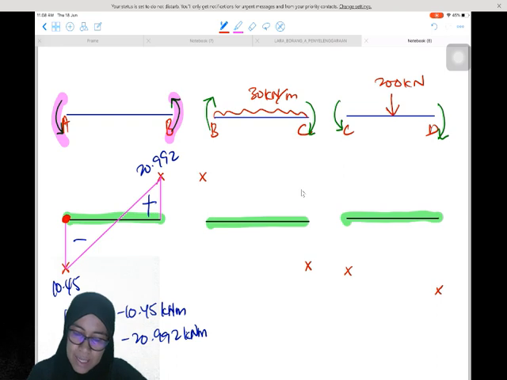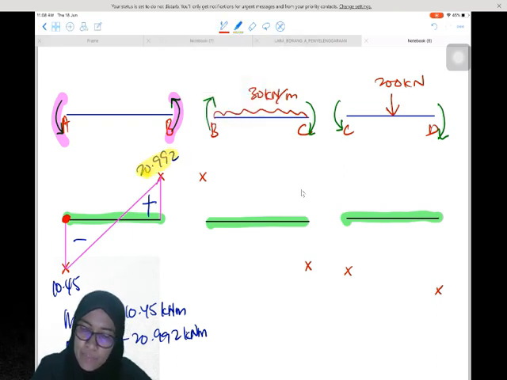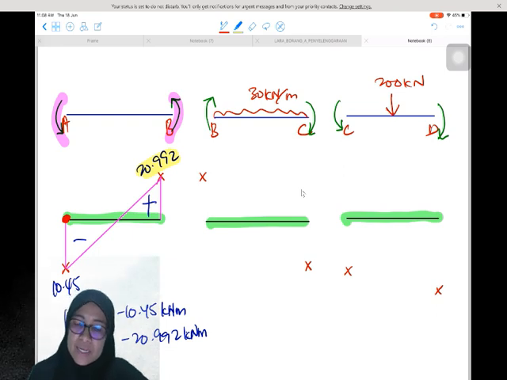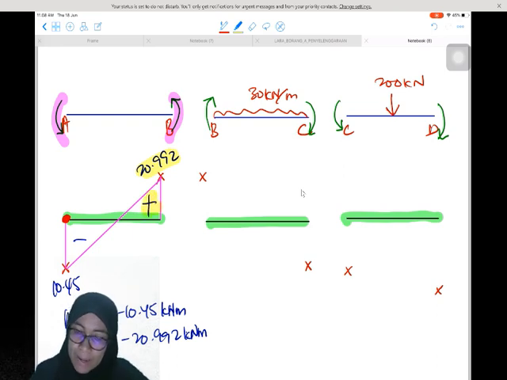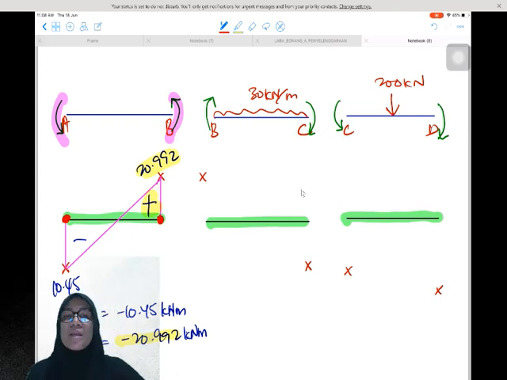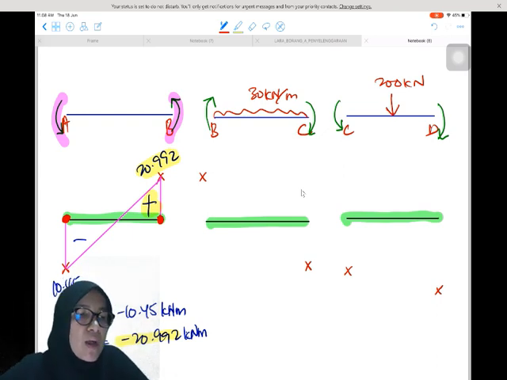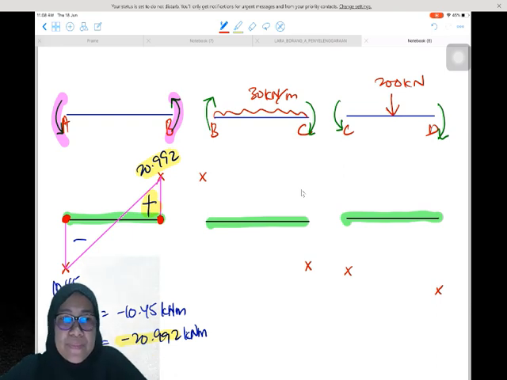We minus negative 10.45, so we get negative. Then here is 20.992. To close back to 0, we add positive 20.992 to this one, and we get back to 0. So this is the bending moment for member AB.